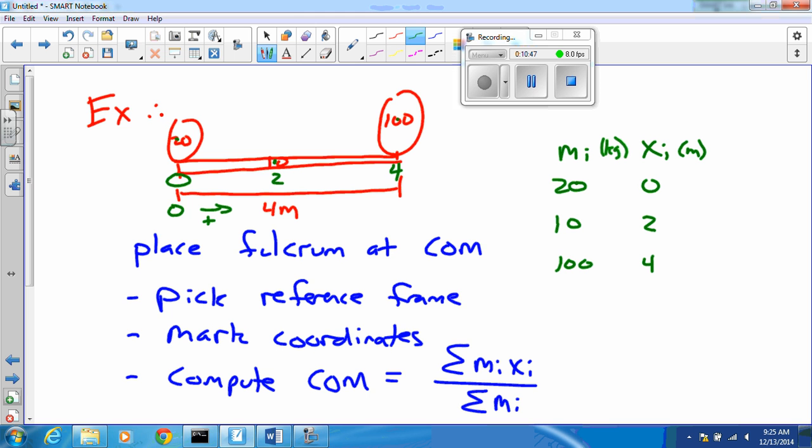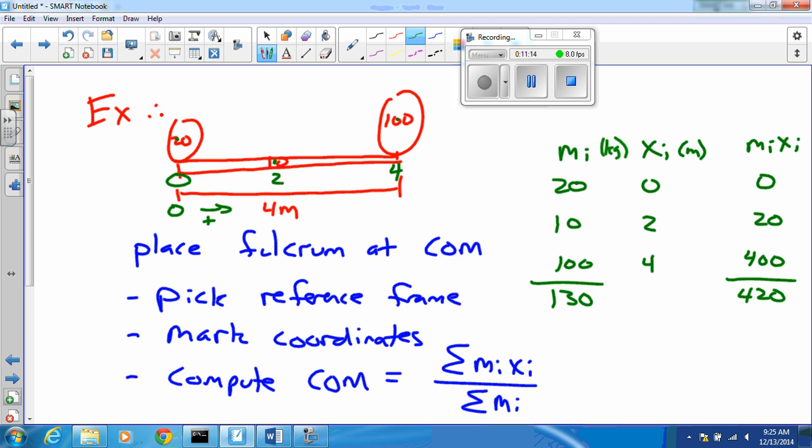However, the kilograms are going to cancel out when we do the computation. And now, the thing that we need for a weighted average is mass times position. So I'm going to compute that for each object: 20 times 0, 10 times 2, and 100 times 4. And we add them up.